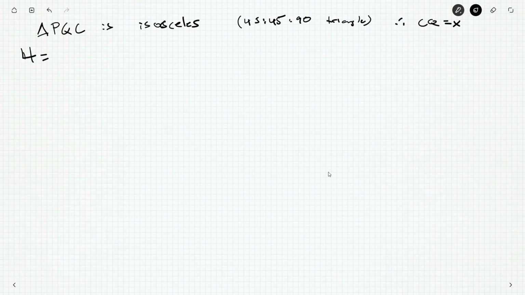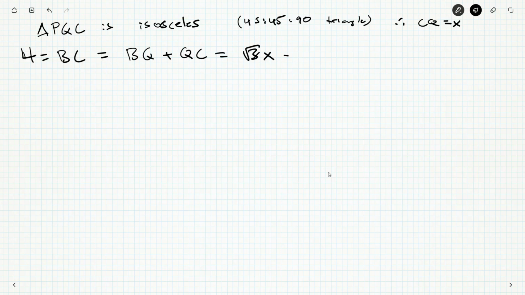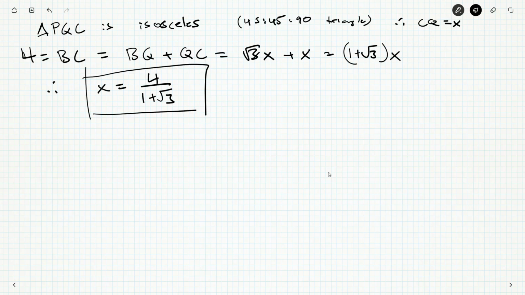Now I know 4 is equal to BC, which is equal to BQ plus QC, which is equal to root 3 x plus x, which is 1 plus root 3 times x. So x is going to be 4 over 1 plus root 3, and you would be well within your rights to leave it like that.